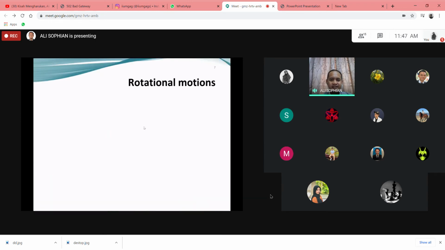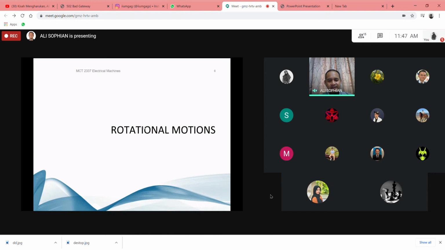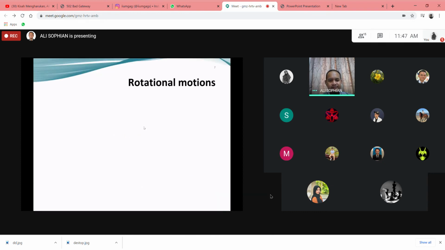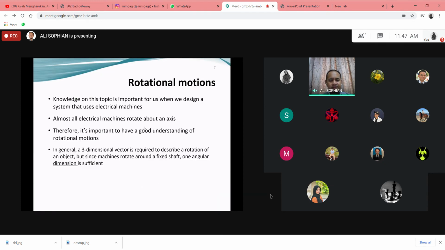Okay, so the first thing we want to see now is rotational motion. Just quickly, it's not going to be very deep. Again, we need to understand this as fundamental knowledge, so that we can understand better how electrical machines work, and we can also do the analysis of, for example, how to calculate the required torque for a given application.